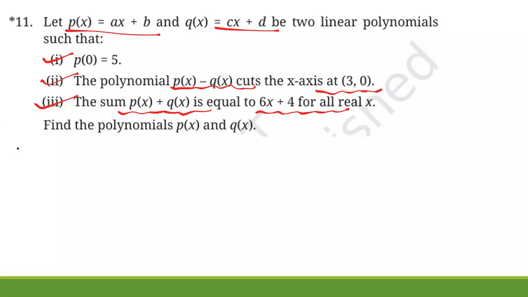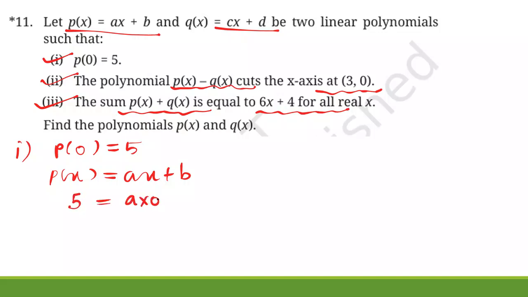First of all, it's given that p of 0 equals 5. What was p of x? P of x is equal to ax plus b. So p of 0 equals 5 means if I substitute x equal to 0 in this equation, I will get the answer 5. So 5 is equal to a into 0 plus b.